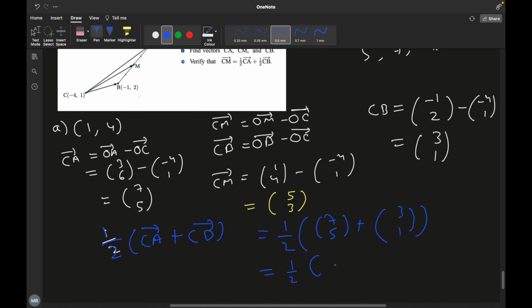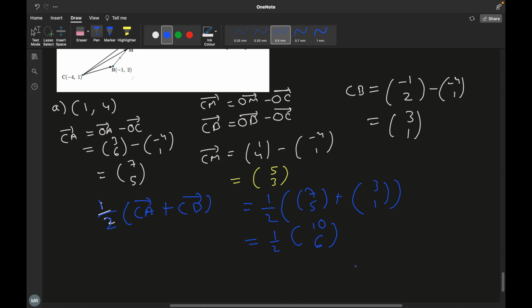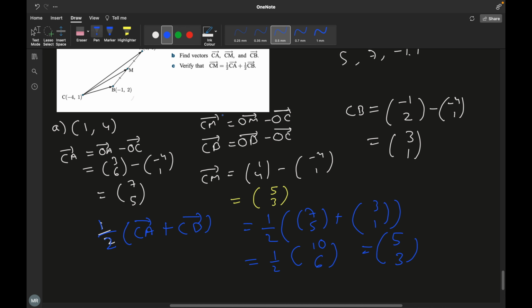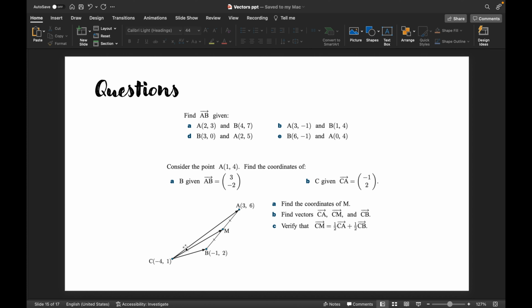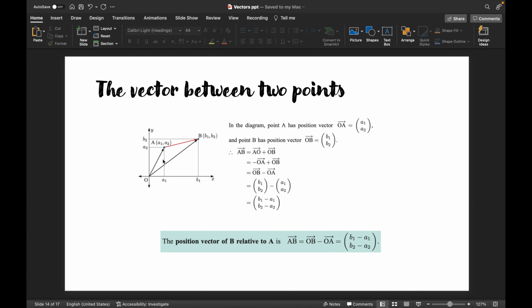It's going to be half into 10, 6. Just like basic multiplication, you multiply half by 10 and half by 6. So we get 5, 3. So CM is indeed half CA plus half CB. And therefore, we have verified this. And that's it for this topic.